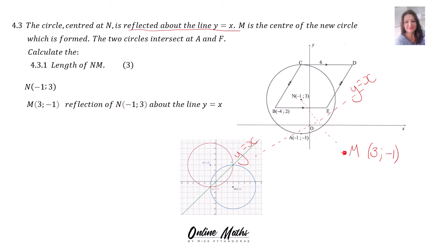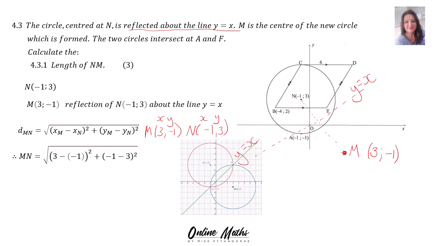And when we are working out a distance, we're using the distance formula. We will get the points from M (3; -1) and from N (-1; 3), consisting of an x and a y and an x and a y. We substitute them into the distance formula, and we work out that MN is 5,66.